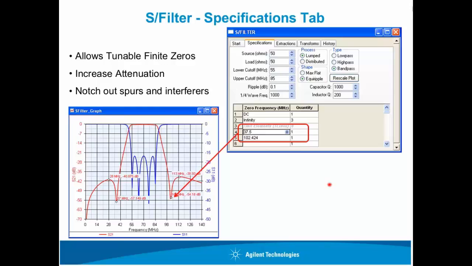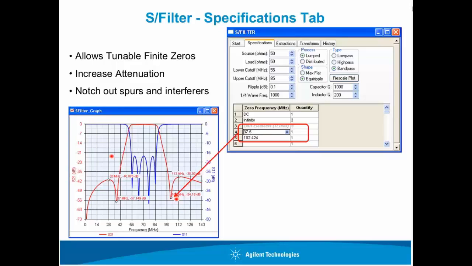S-Filter allows placement of zeros at finite frequencies as well, which can then be tuned to obtain the desired response. Finite zeros can be used to increase attenuation or notch out spurs or interferers or any other unwanted frequencies. As you can see here, we've specified a zero at about 37 megahertz and another at about 102 megahertz.